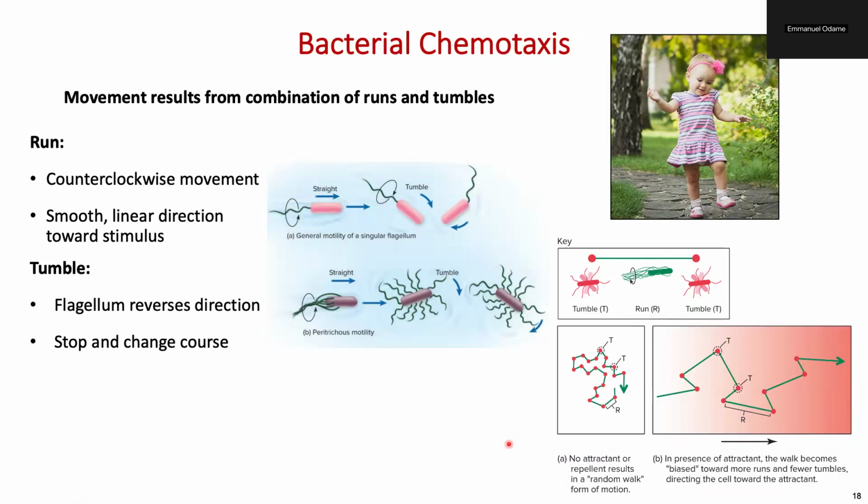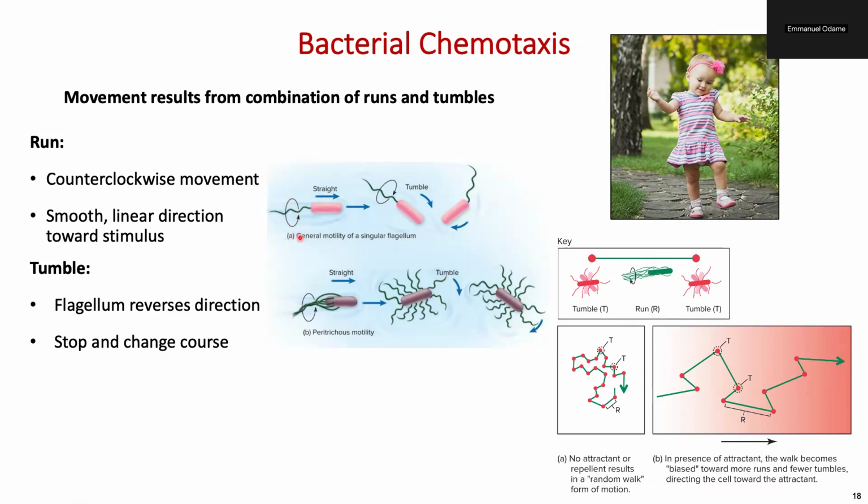So let's talk more about bacterial chemotaxis. Chemotaxis basically means the movement of the bacteria itself, and the movement comes in two forms: either a run or a tumble. A run means moving in one direction, or moving towards a place. It's triggered or aided by the counterclockwise rotation of the flagella, which is behind.